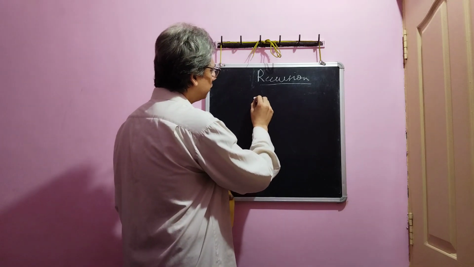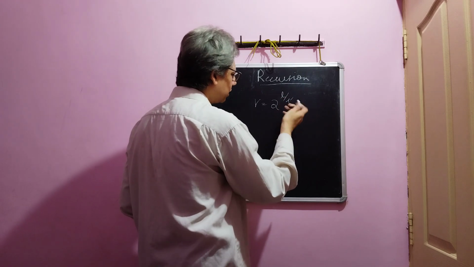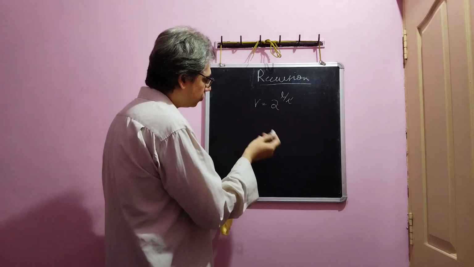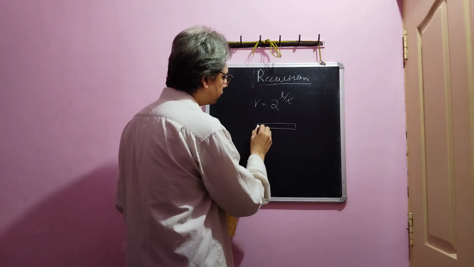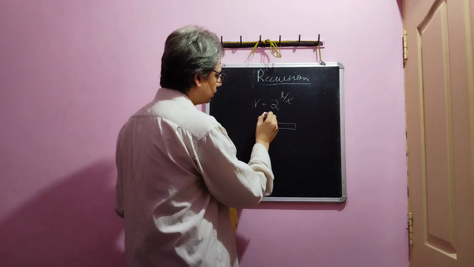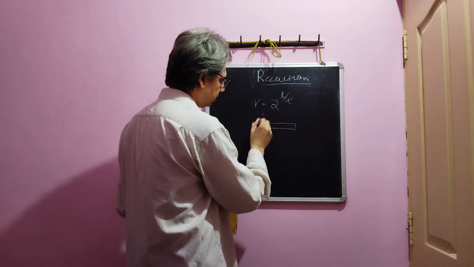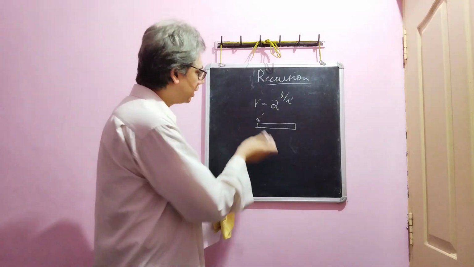If we have r equal to 2 power l by l dash, it could be something else also. Now if we have hashed a value up to a certain maximum value, say s dash, and then we have to hash one more bit, the previous leading bit to it.